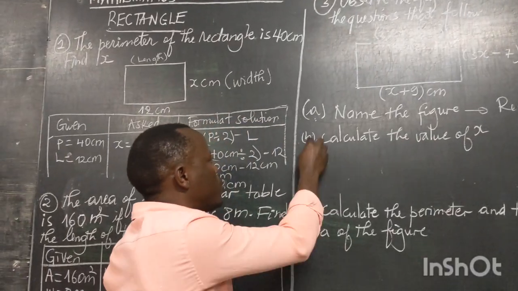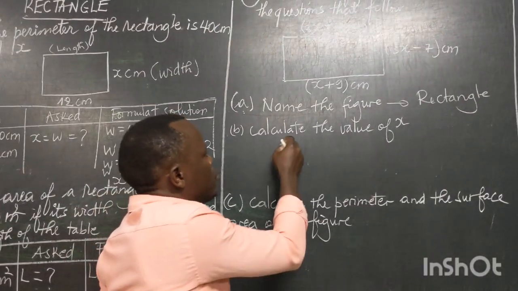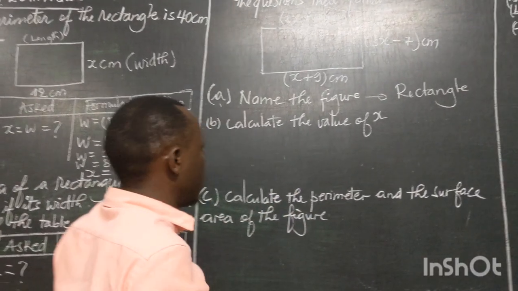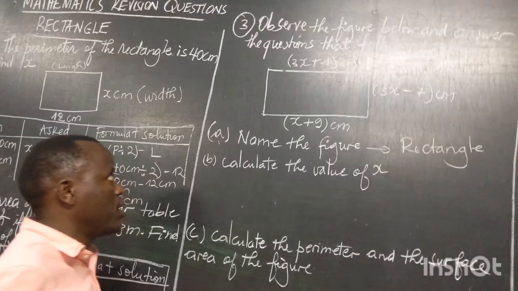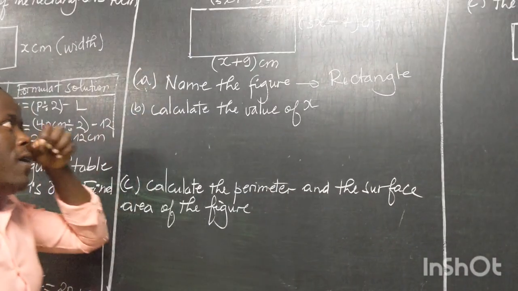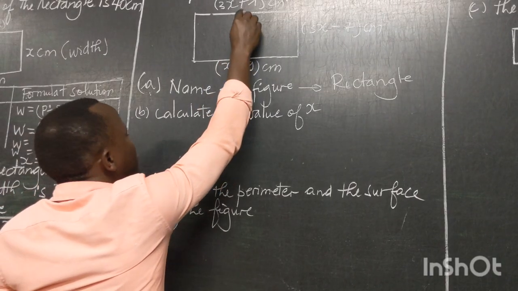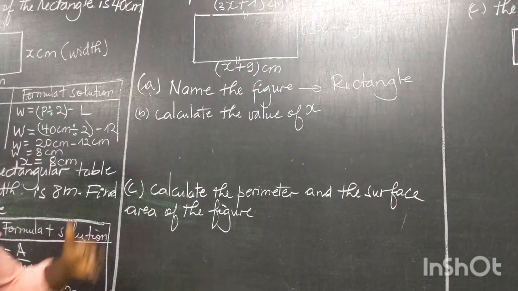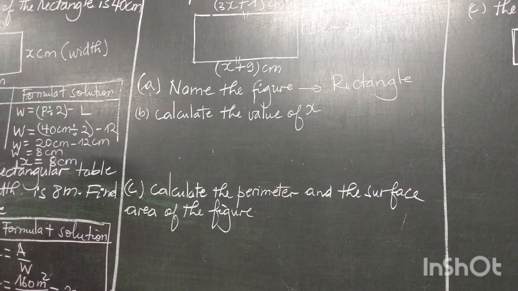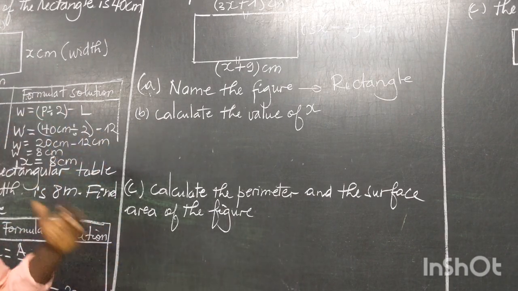Sub-question B is asking, calculate the value of x. Just like you know, the 2 parallel sides are equal.